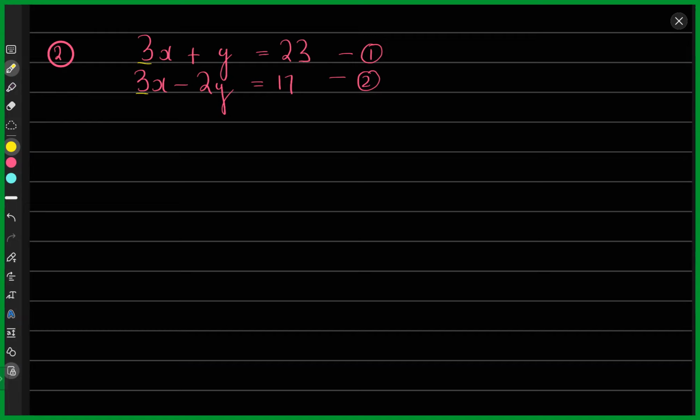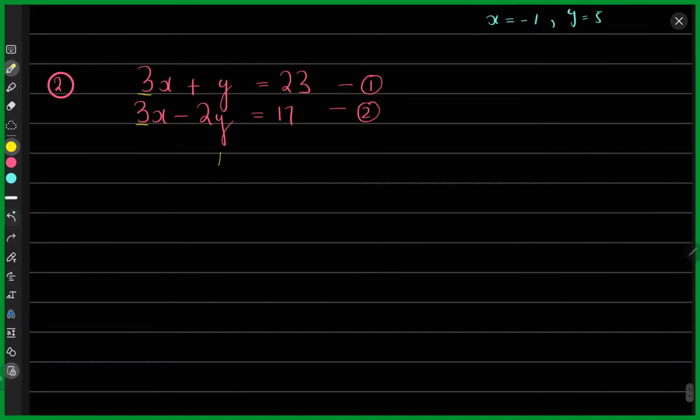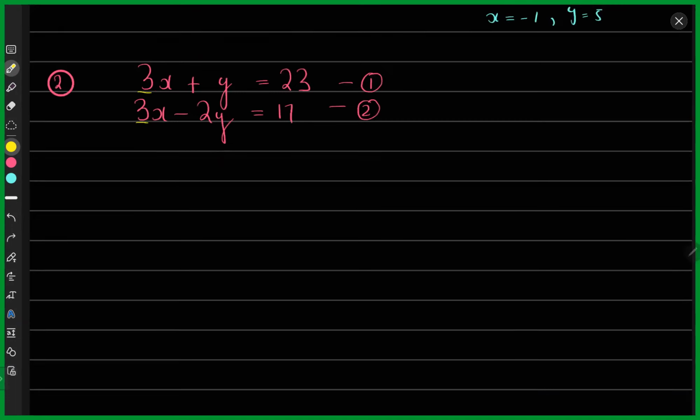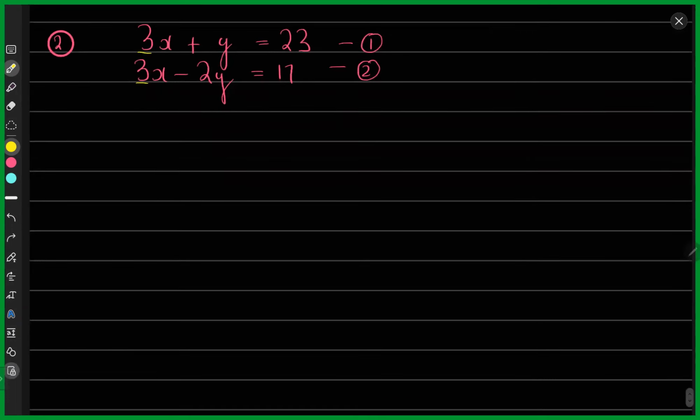So step number 1 is to make one of the two variables the subject of any equation. For instance, in the previous equation, I made y the subject, and then I plugged in y in the second equation, and I was able to get an equation with x only, and things were easy. But this time around, if I try making x the subject, what would happen? Let's see.